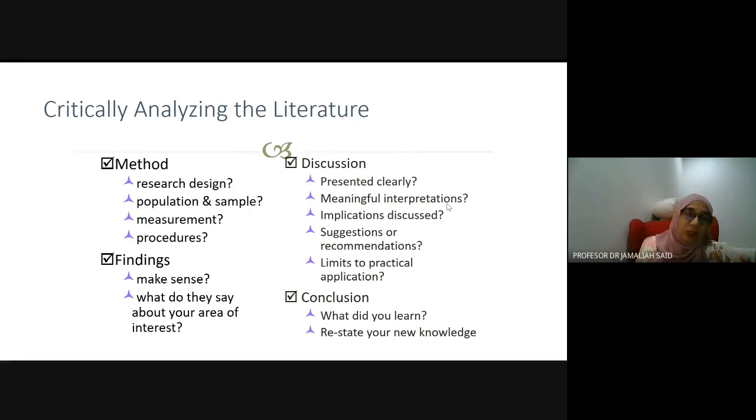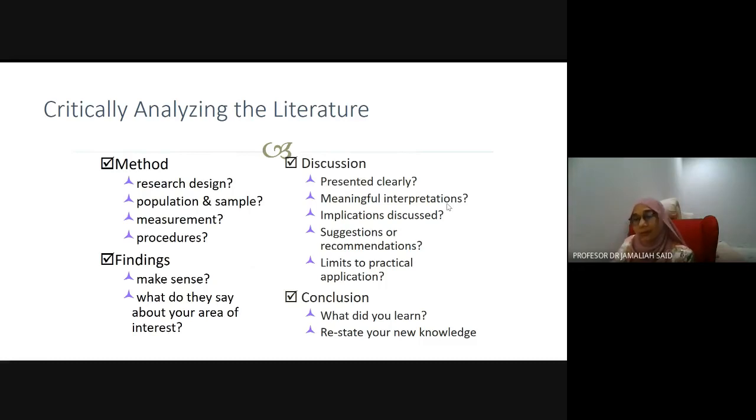Then from there you can show that there is a gap that you need to fill in, so that it becomes the contribution of your study. Okay. Then, of course, you have to discuss the past articles that you have read: the way they present it, how they interpret the result, and the limitations.